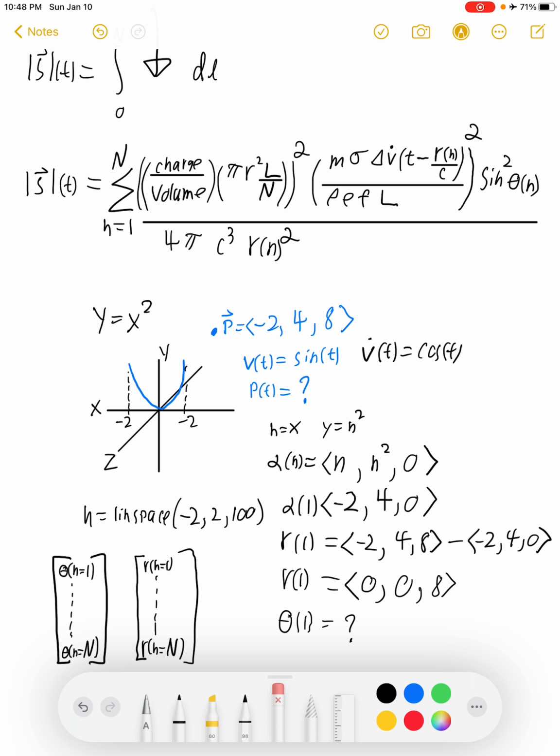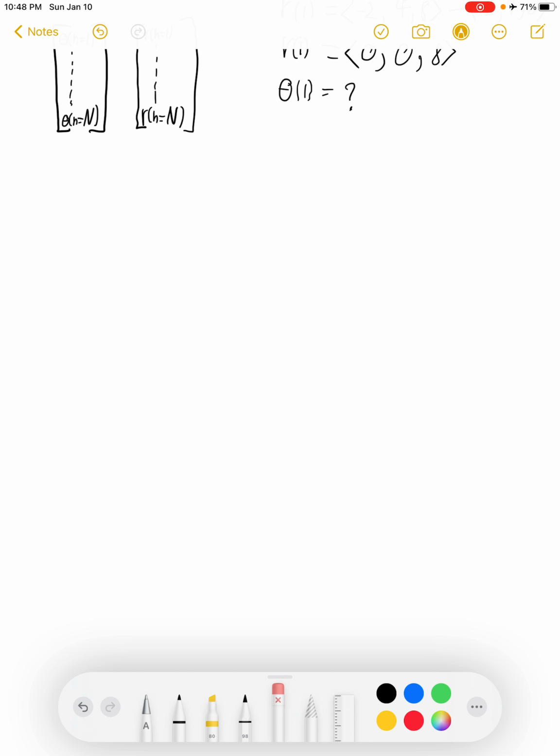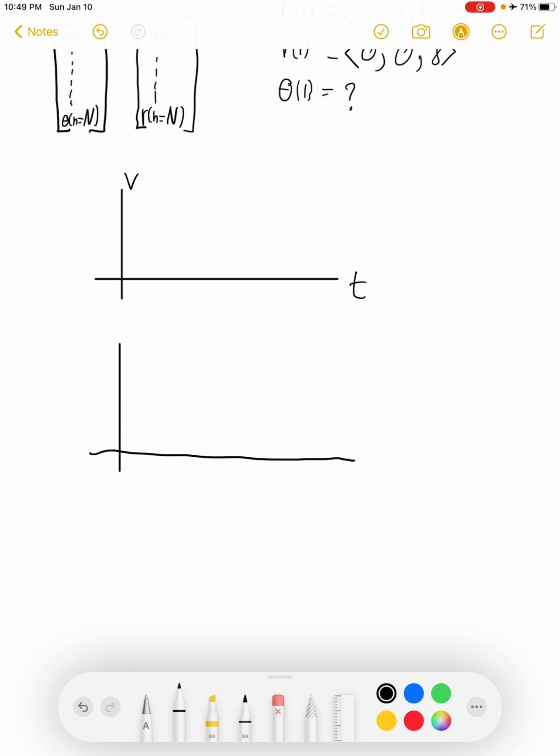For a given point in time, you can run the summation over all points and get a given power.